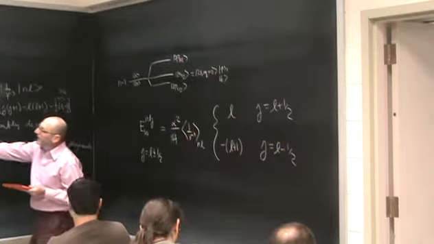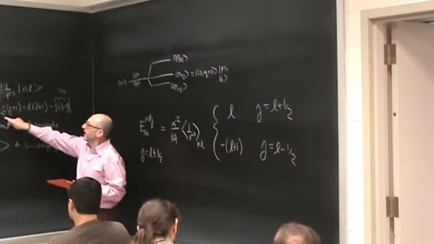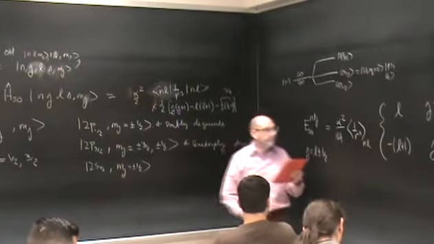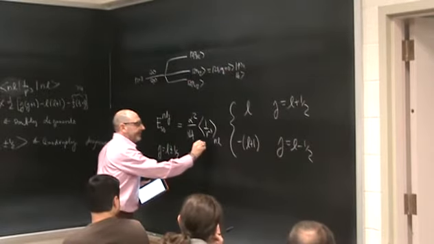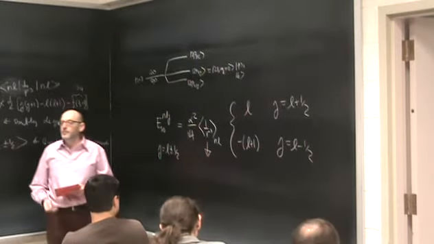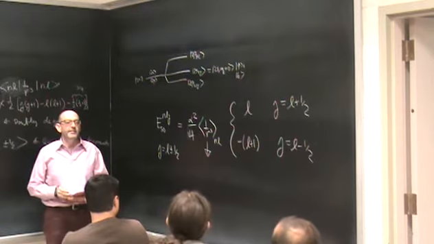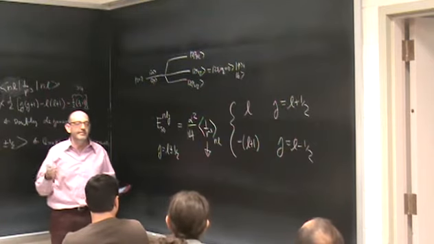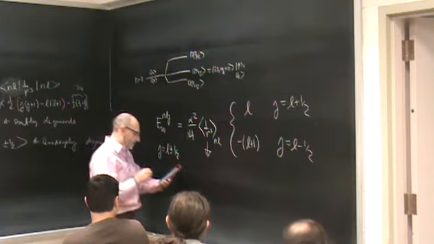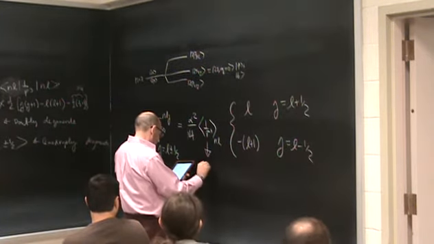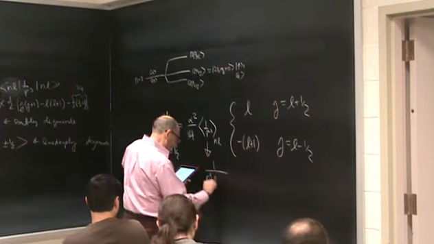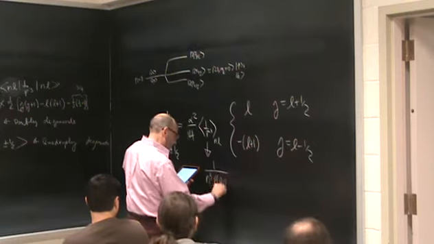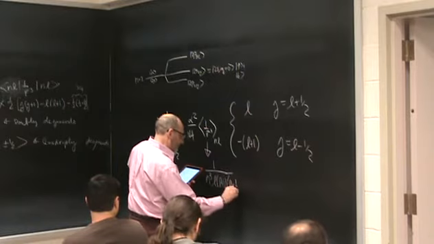Just plugging that in and doing that algebra, this thing we solved using the Feynman-Hellmann theorem, and we found in dimensionless units that this is equal to 1 over the principal quantum number cubed, L plus 1, L plus a half.